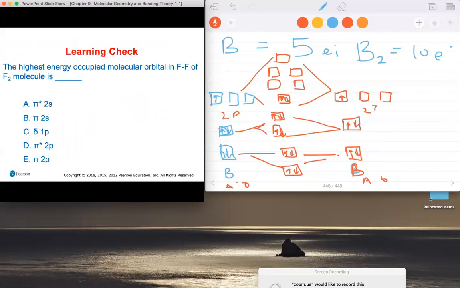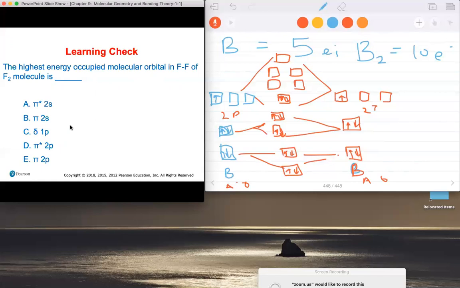Let's see, the highest energy occupied molecular orbital in F2, that is fluorine molecule, is what? Unless you draw the molecular orbital diagram and fill in with the electrons, you won't be able to see where the electrons reside.